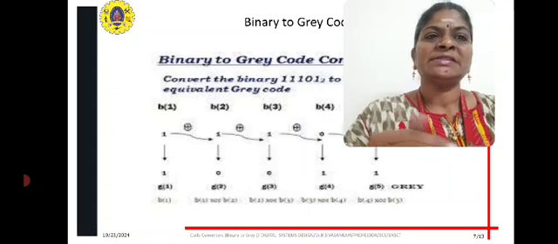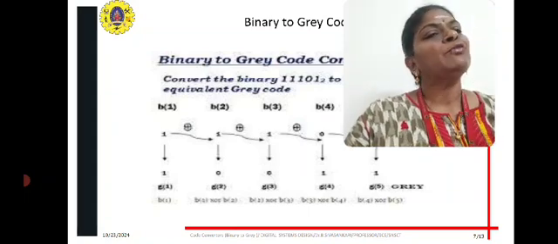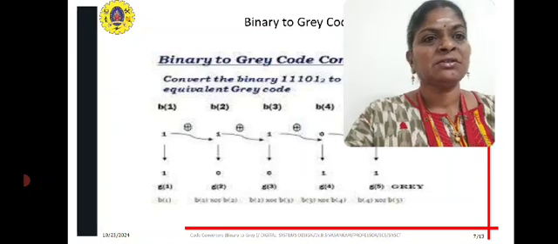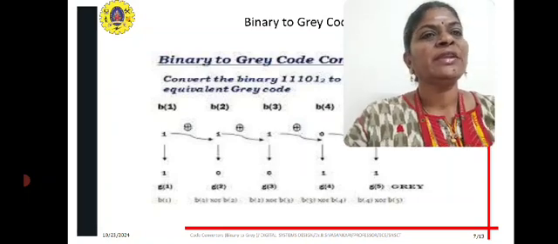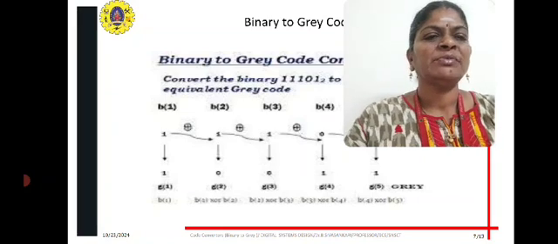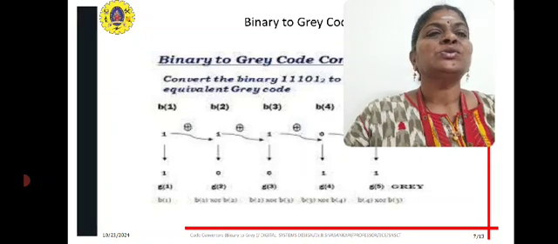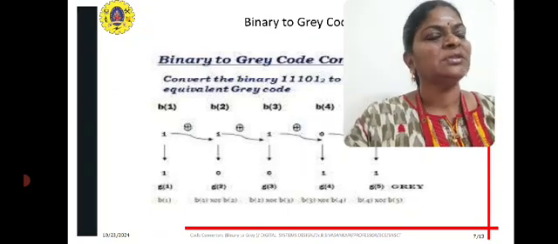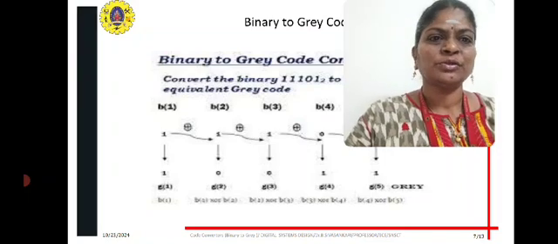So G1 is directly equal to B1. And G2 is B1 XOR B2. In the example we have 1, 1, so 1 XOR 1 means both are high, so your output will be 0.